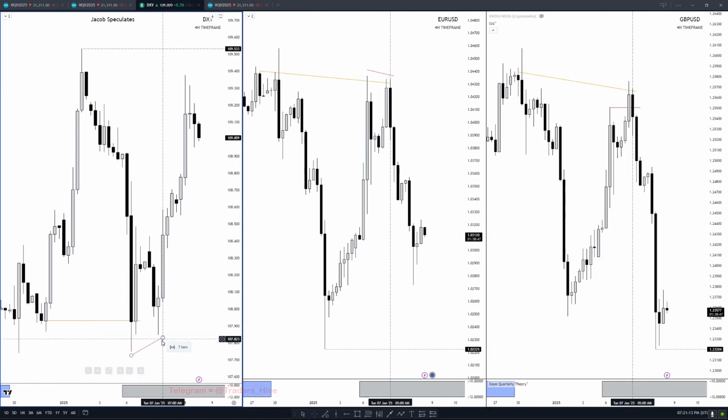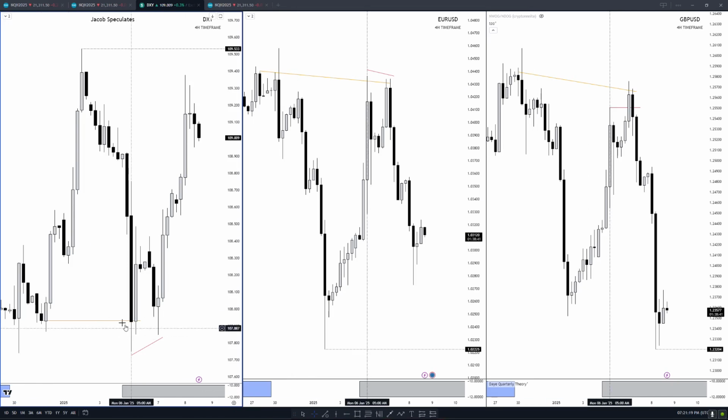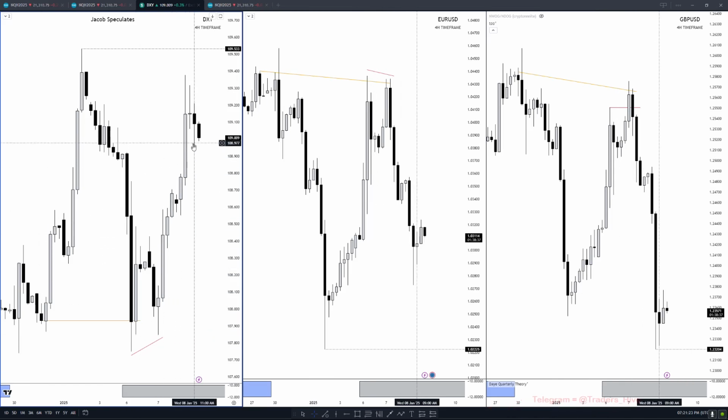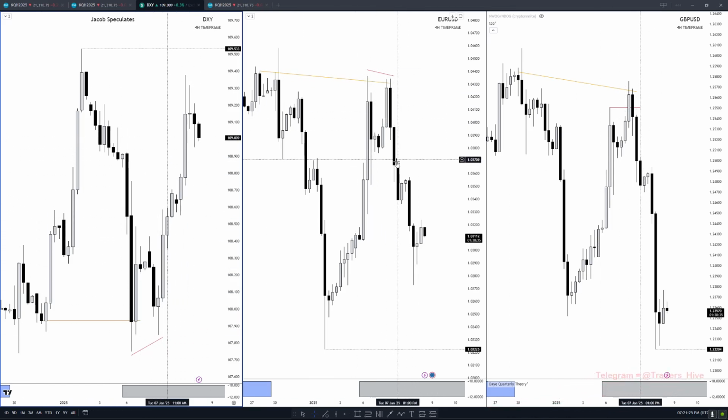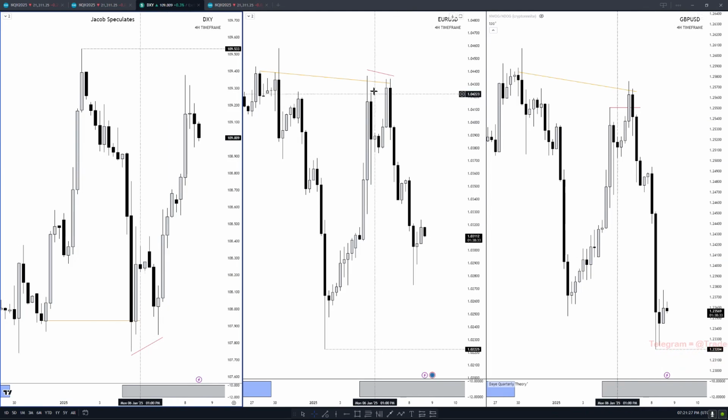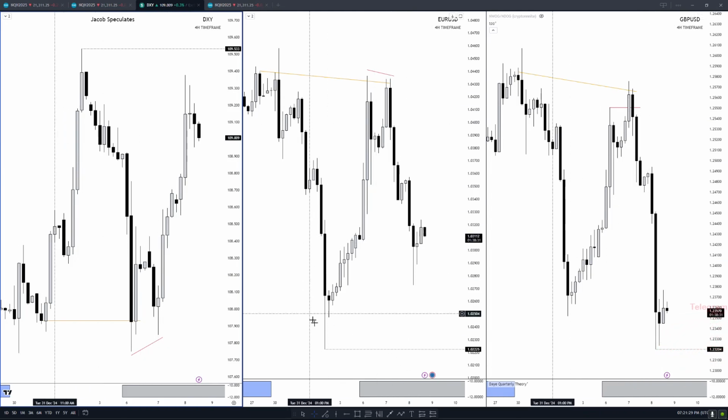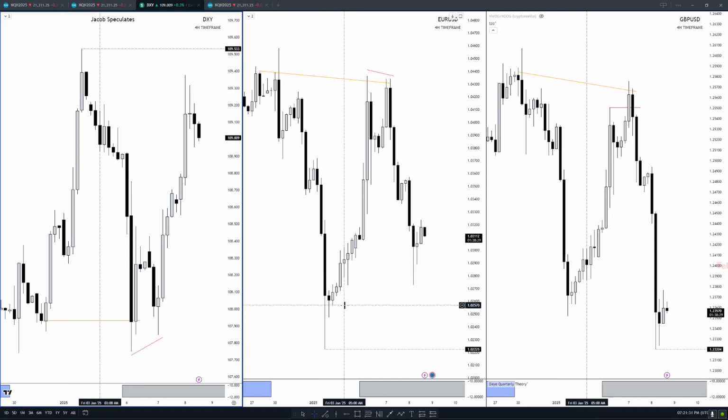And we also have this weekly SMT confirming it. So we have a two-stage SMT creating that true reversal, which allowed price for the dollar to continue higher and for the pound and euro to continue lower. And this was also in sync with the futures triad, which is another reason why we used intermarket SMT.